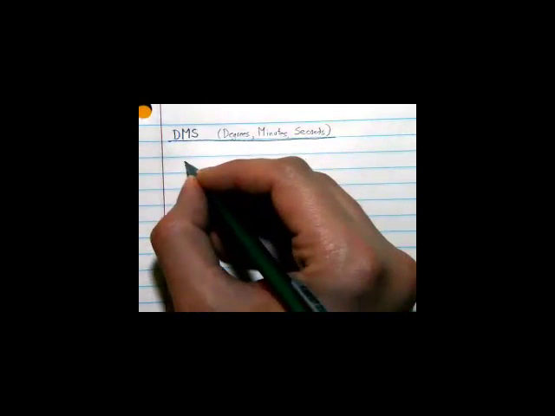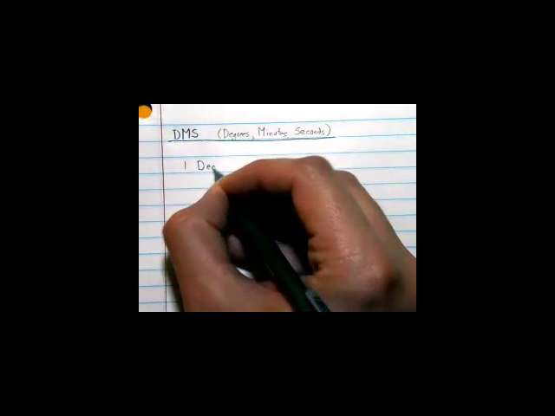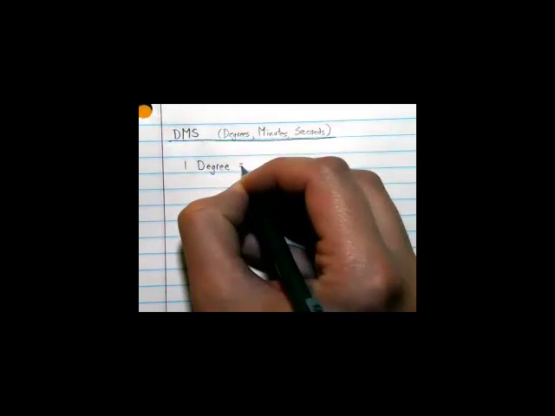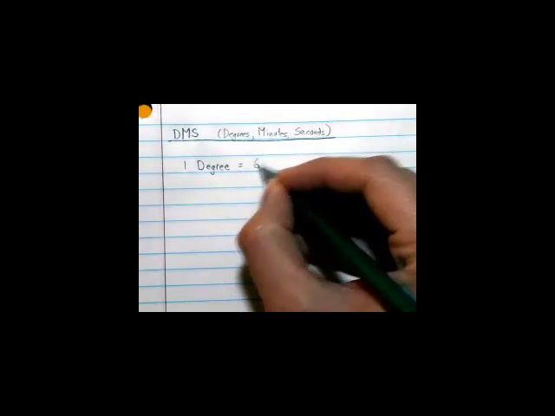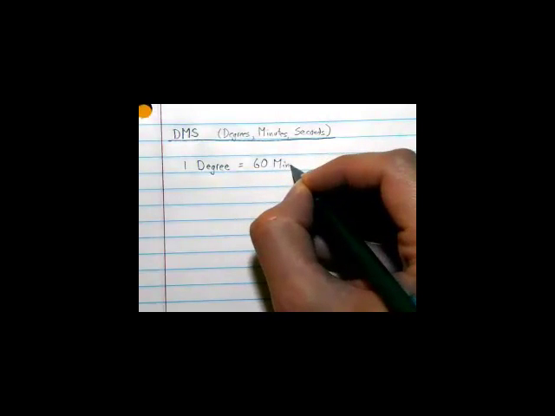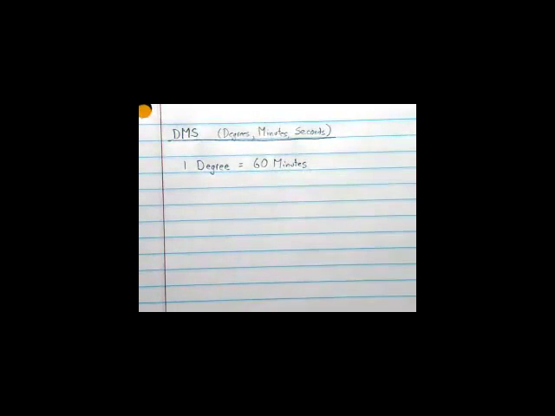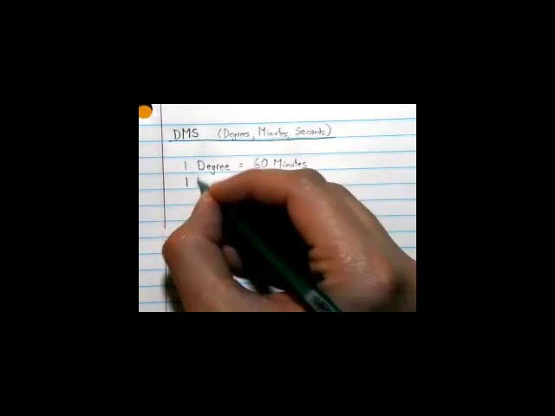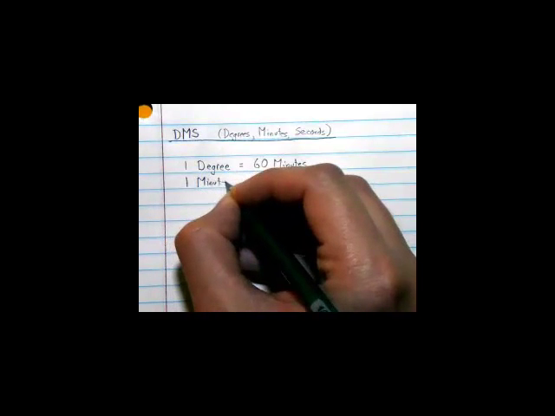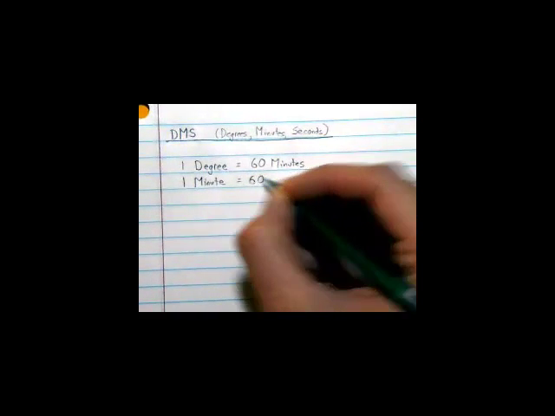So in 1 degree, there are 60 minutes, just like in 1 hour, there are 60 minutes. But now degree is kind of the starting point. And just like with time, in 1 minute, there are 60 seconds.